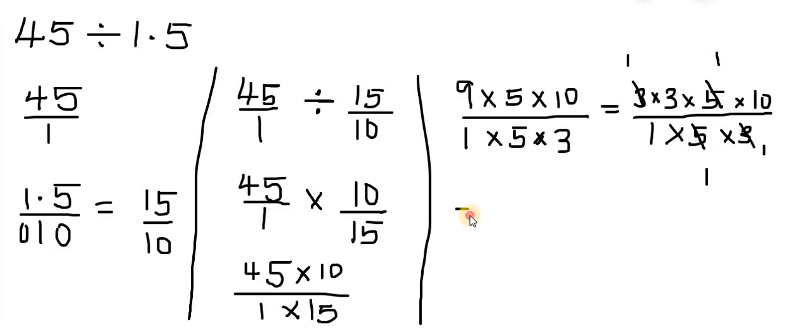And so at the top, we just have 1 times 3. That's 3. 3 times 1, that's still 3. Times 10, that's 30. And at the bottom, we just have 1 times 1 times 1, which is 1. And so 30 over 1 is just 30. So 45 divided by 1.5 is just 30.